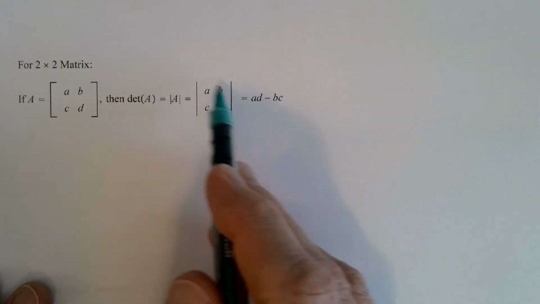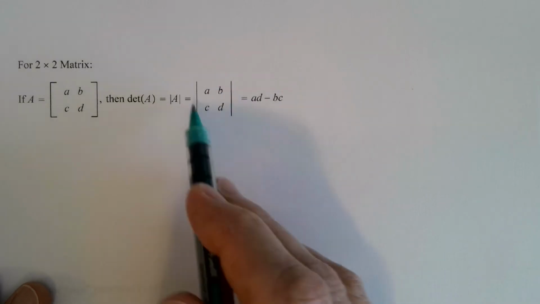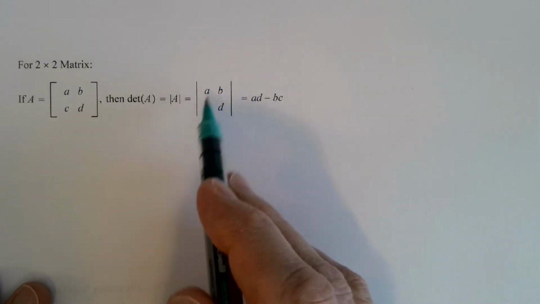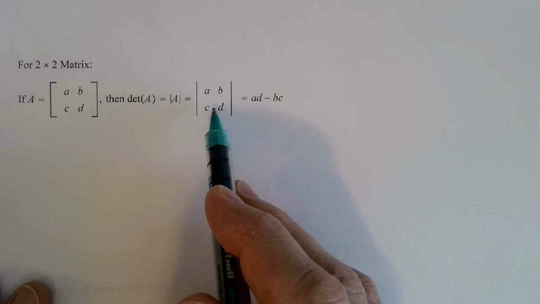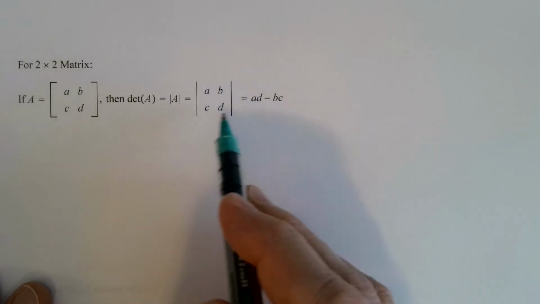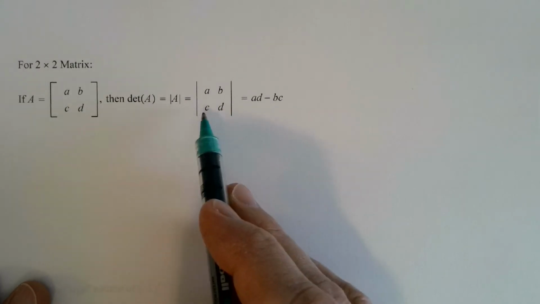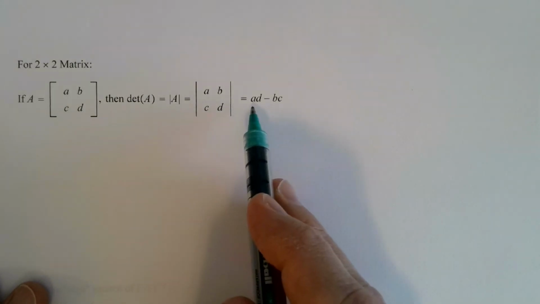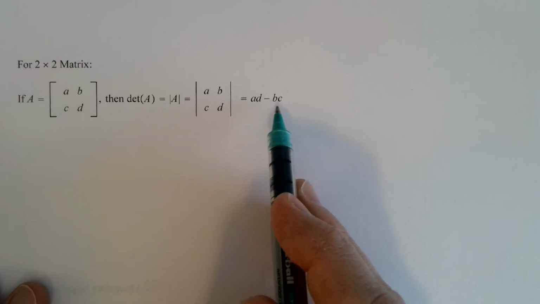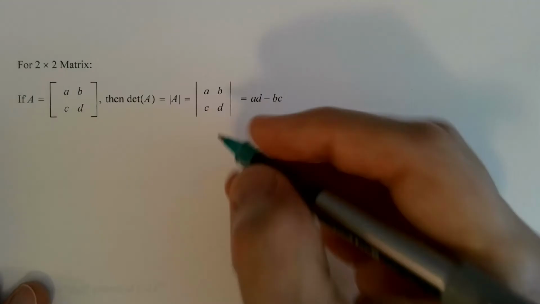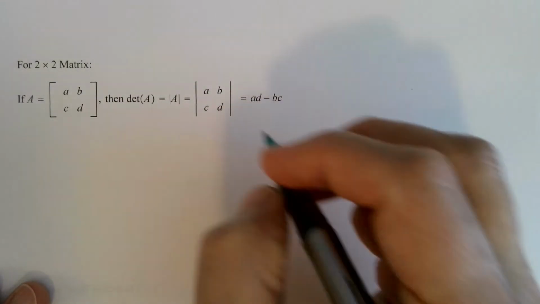This is not a matrix, it's a real number, but it's indicating we're taking the determinant of this 2-by-2 matrix that's inside. So this whole thing is a real number. So we use these notations, and look what the actual computation is here. The entries A times D minus the entries B times C. And this should look familiar from something.